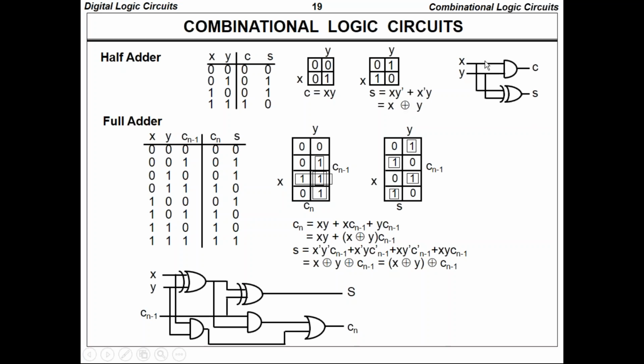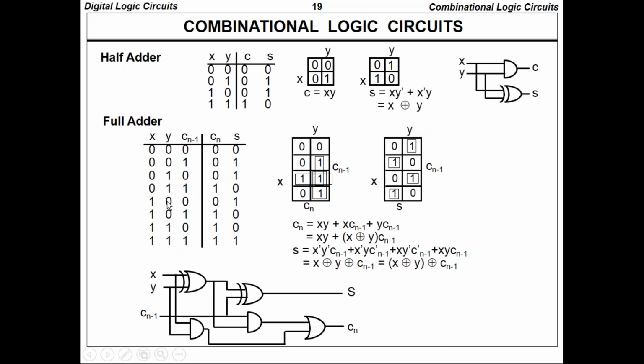If I draw the logic diagram, carry equals x into y and sum will be x XOR y. In the case of full adder, the same thing: 0 0 0 gives carry 0, sum 0; 0 0 1, carry 0, sum 1; 0 1 0, carry 0, sum 1; 0 1 1 means 1 plus 1 is 10, so carry 1, sum 0.